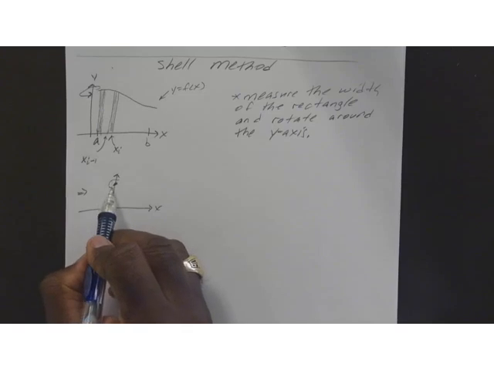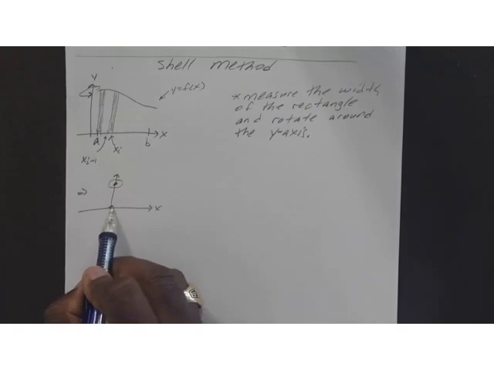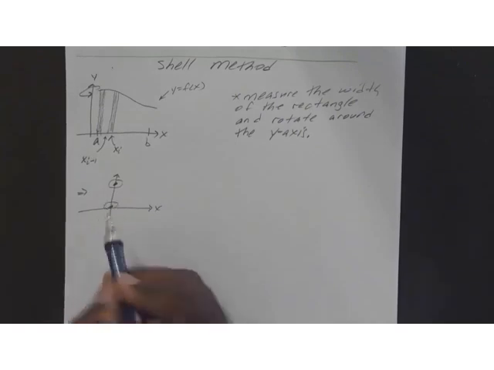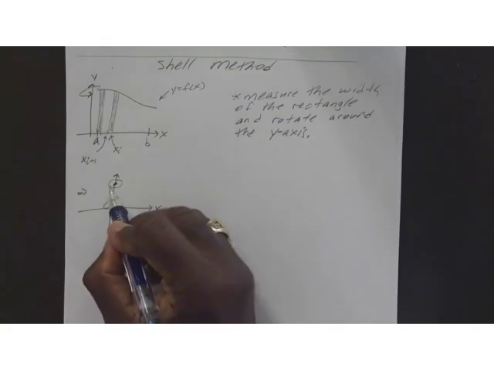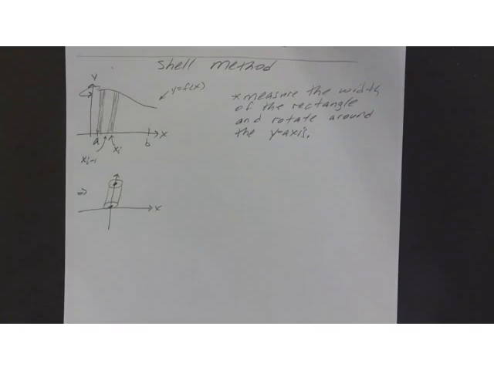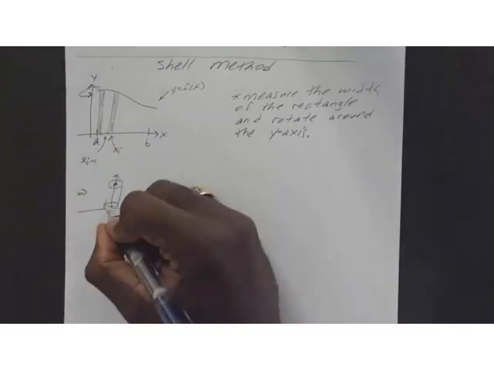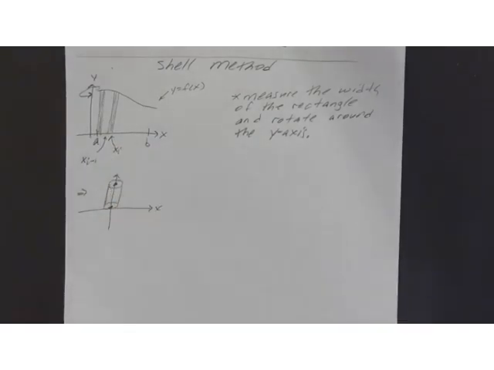If you spin it around the y-axis, it'll look kind of like that. Of course, not as crooked, but straight. There we go. Try to straighten it out a little bit.